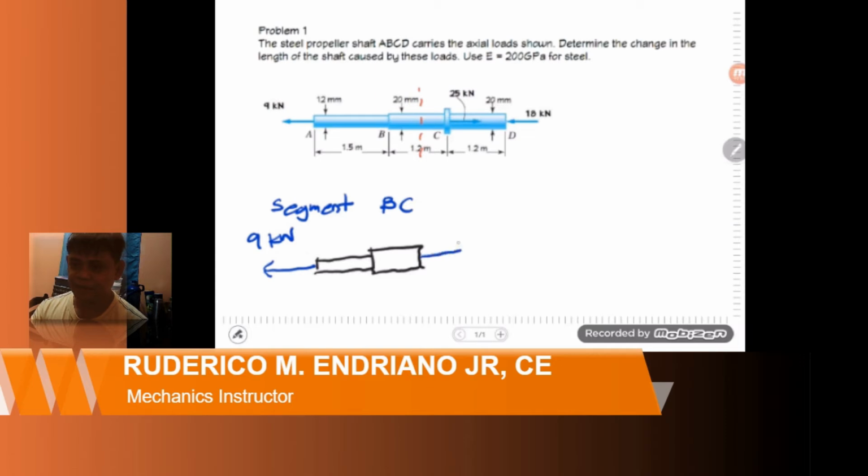Okay, so we have here the internal force of BC. Applying equilibrium, the summation of forces along the x direction is equal to 0. So that gives us P_BC equal to 9 kilonewton. And again, since the arrow is directed away from the body, we also have tension.